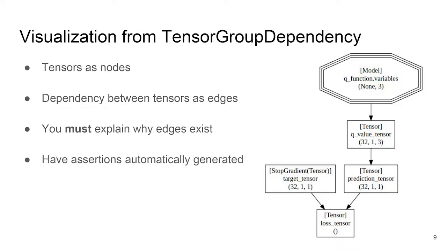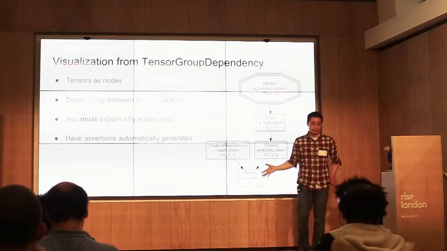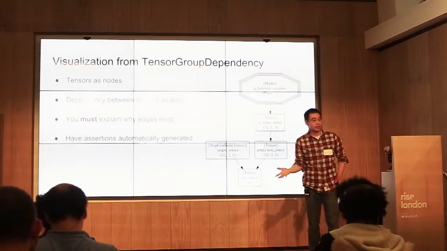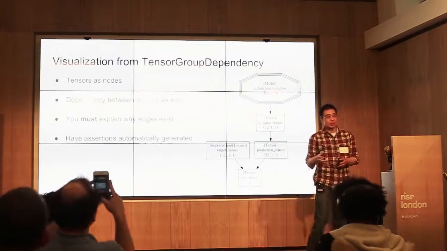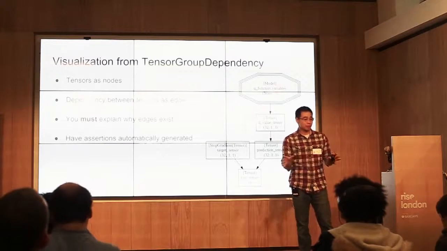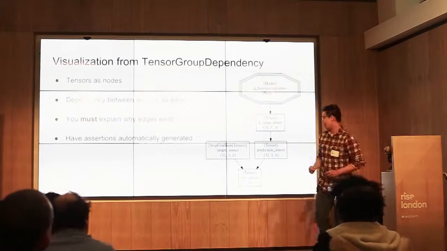Usually you want to visualize a set of TensorFlow variables together. For example, you want to put all variables in a neural network in one node. The reason is if you're using TensorFlow's API to create neural networks, the chances that you introduce bugs there are very slim. You don't need to care about the internal layers.